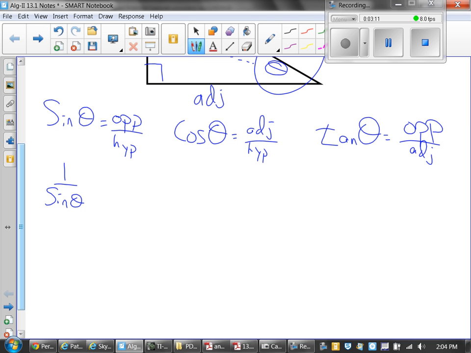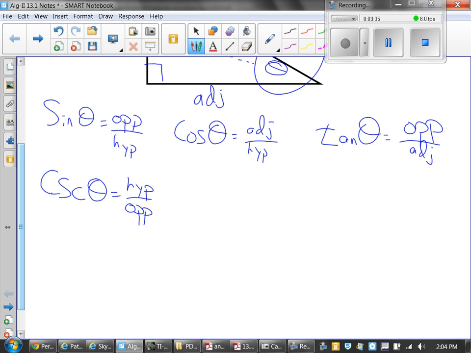Instead of saying 1 over sine of theta, we call it something different. The inverse of sine is cosecant. All you do when you take an inverse is flip the fraction. So if sine was opposite over hypotenuse, cosecant would be hypotenuse over opposite.